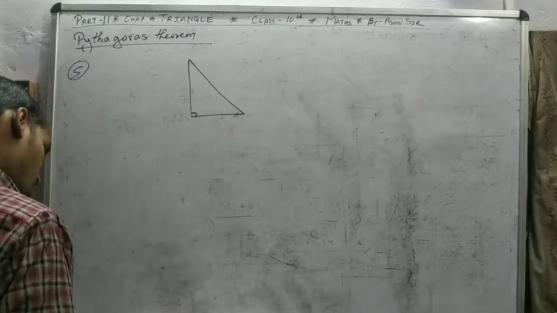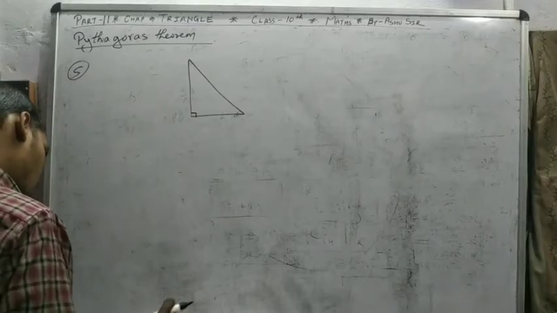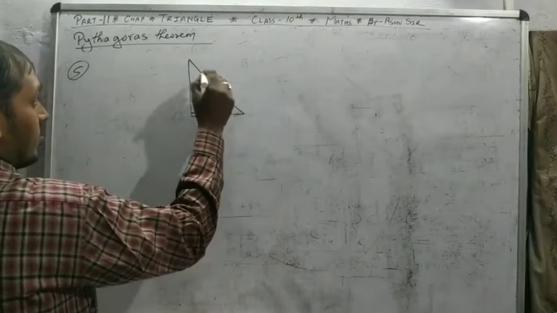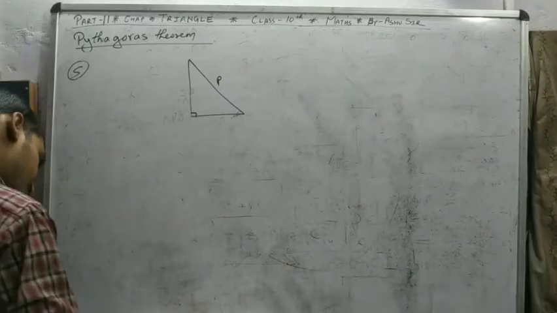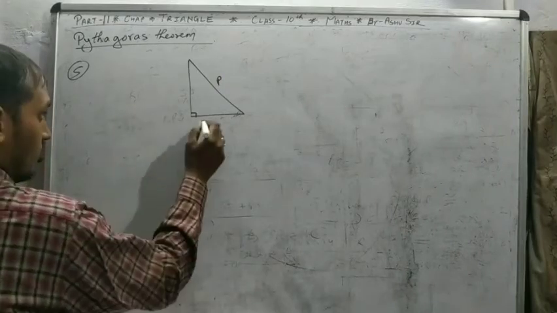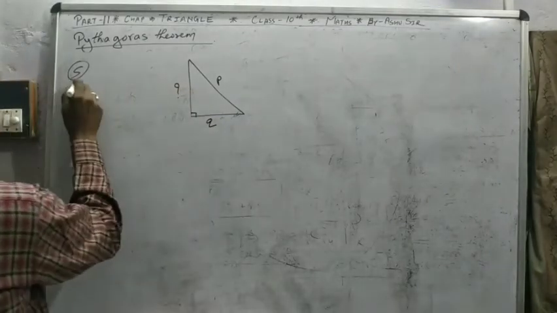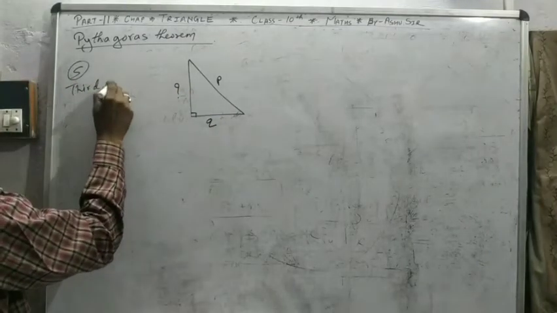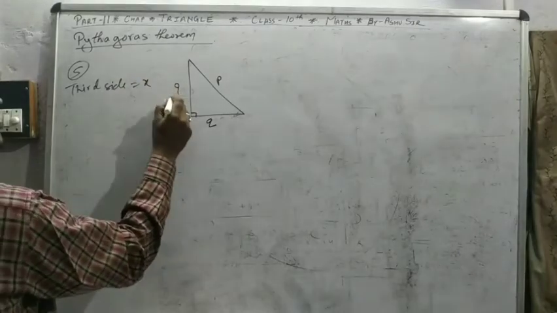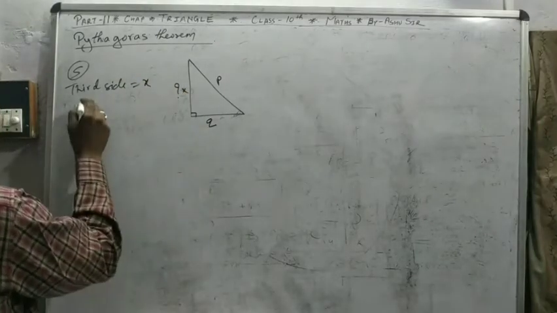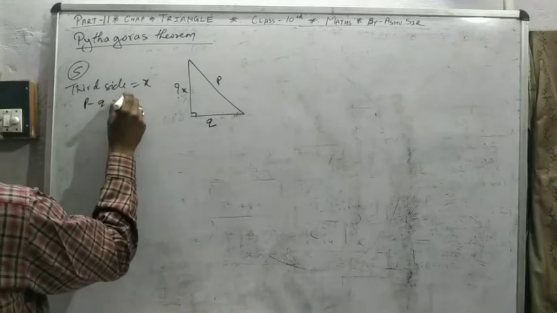Right triangle, the hypotenuse is P, given. One side of length is Q. Find the length of the third side. Suppose that the third side is equal to X. And P minus Q is equal to 1.